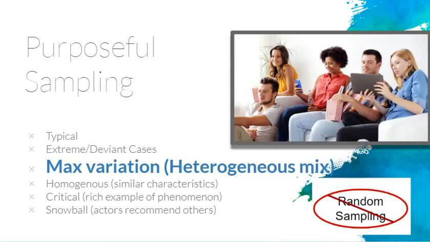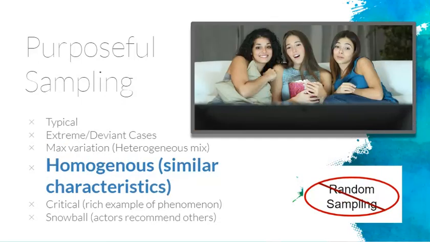And that would be a heterogeneous mix. Or I might say a homogeneous mix, and I might look within one culture and look for patterns within that culture. So I might pick 4 or 5 parents from the Latino culture and see how they all perceive themselves as having a similar role in education.